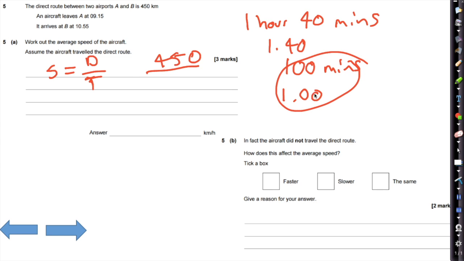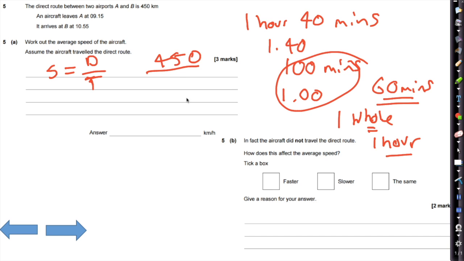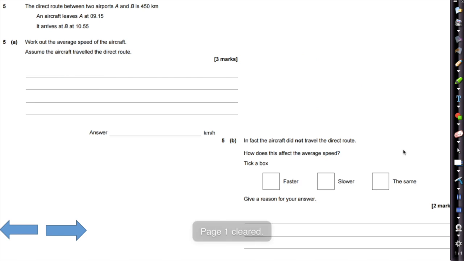100 minutes is not one whole, it's actually 60 minutes. 60 minutes will give you one whole. Why? Because the whole is 1 hour. You're talking about time here. So as you're talking about time, you need to make sure that you're keeping your units correct. Speed is distance over time.